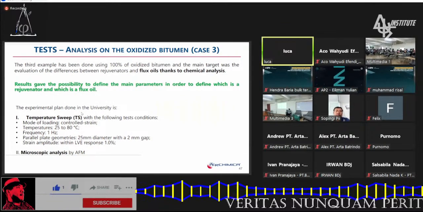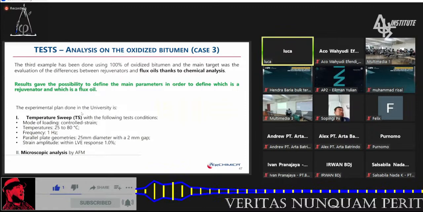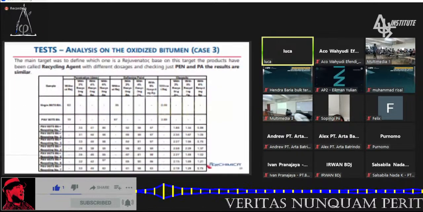This is the research, and it's very important to see this in order to know the difference between a rejuvenator and a flux oil. So which are the tests? As I said at the beginning, we know that a product is a rejuvenator because we carry out different tests with the DSR, AFM, and further tests.